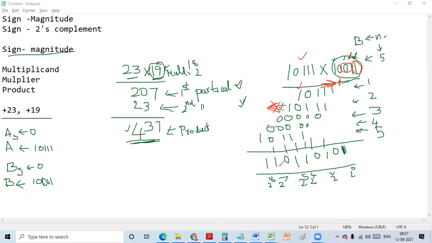How many times this iteration has to be done depends on the number of bits in B. Here we have 5, so my iterations are 5. So I require one more register that specifies the number of iterations. This is the hardware required.